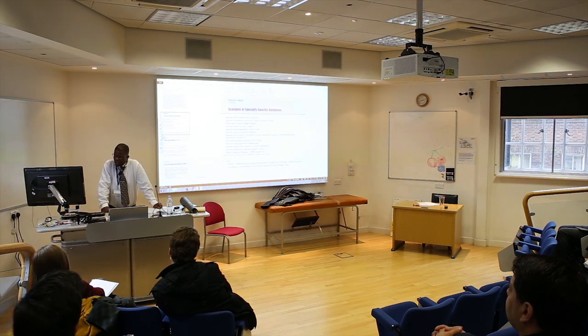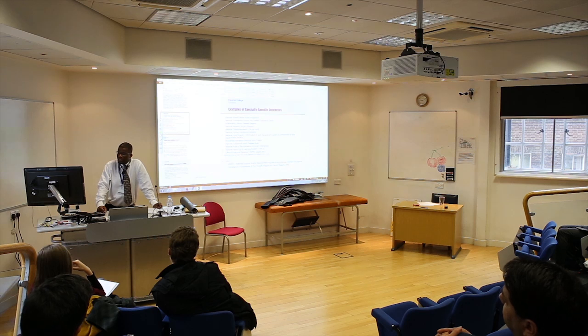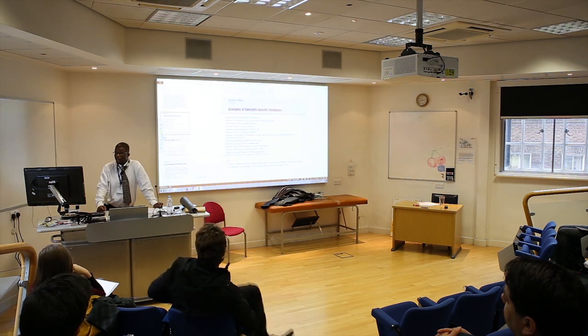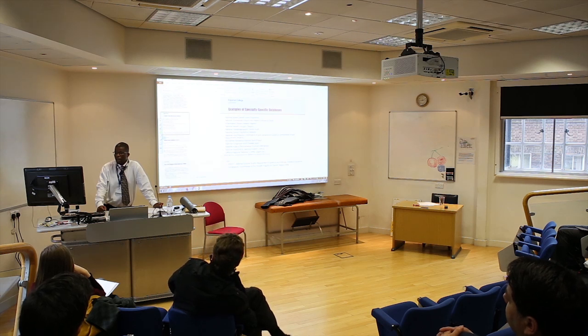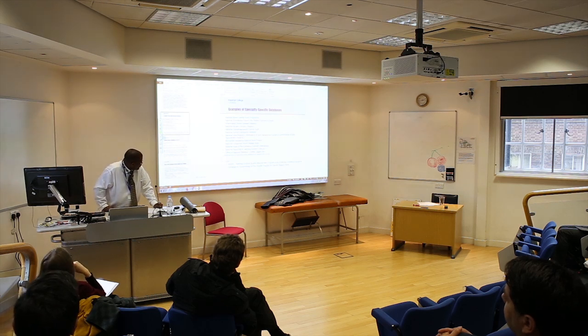However, if you are requesting identifiable data or pseudonymized data, then you don't need ethics approval, or you need, I think, the Caldicott guardian to authorize the research. So yes, they do all have patient identifiers.